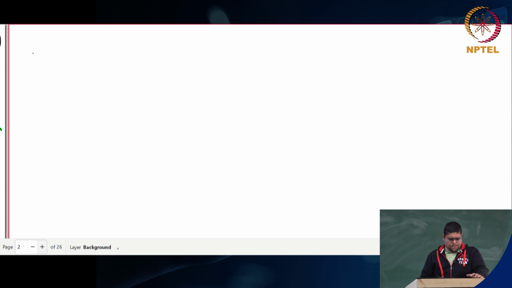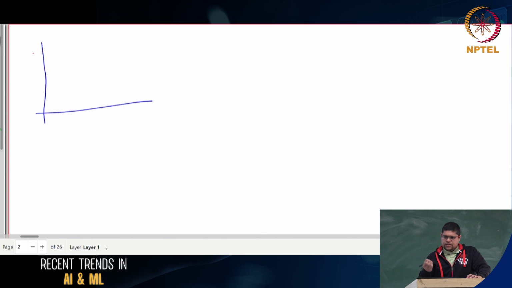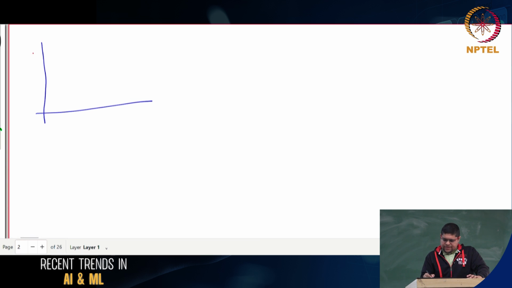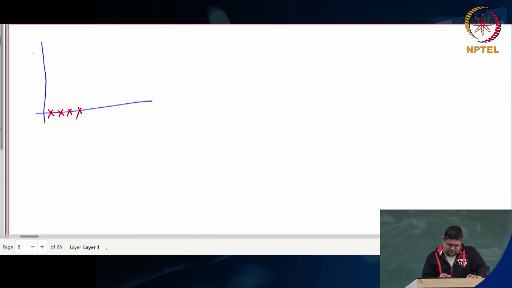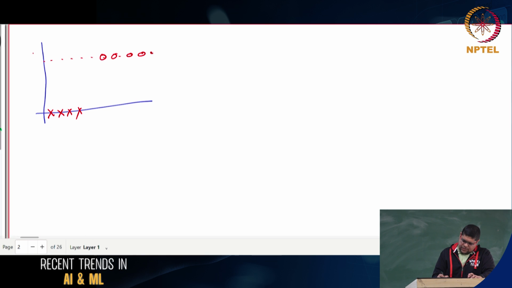So let's see some basic examples. Suppose you have plotted some points, say here maybe this one, and here maybe this one, another class.